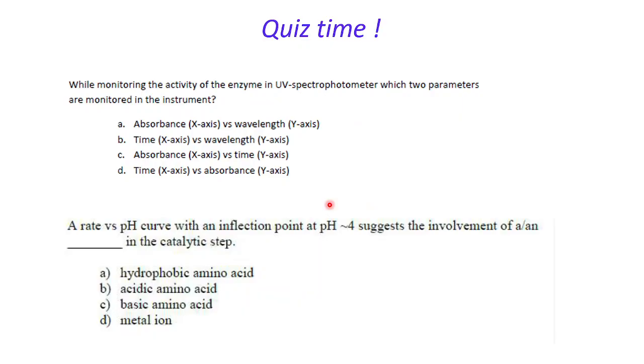Right. So while monitoring the activity of an enzyme in a UV spectrometer, which two parameters are monitored in the instrument and in which axis? So what do you have in the x-axis and what do you have in the y-axis?